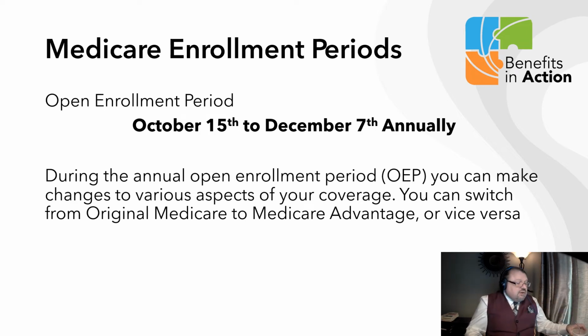You may also evaluate your Medicare Advantage plan and switch to a different Medicare Advantage plan for the same reason, whether medication costs are less expensive or potentially physician costs or some of those extra benefits that are available through Medicare Advantage plans. Switching from Medicare Advantage to original Medicare, as I said before, is fraught with difficulties in terms of the underwriting necessary for the supplement plans. However, open enrollment time is when you can do that change as well.